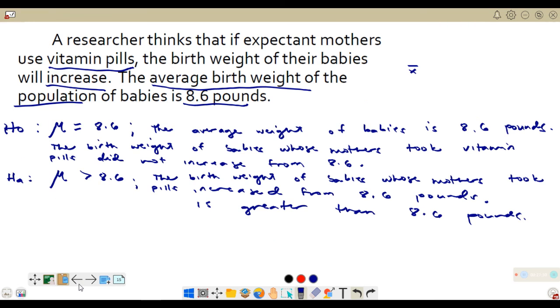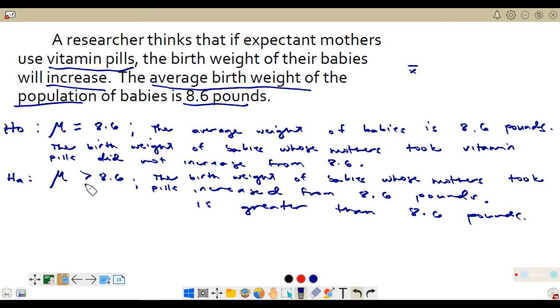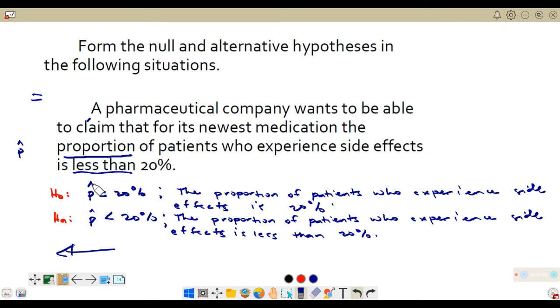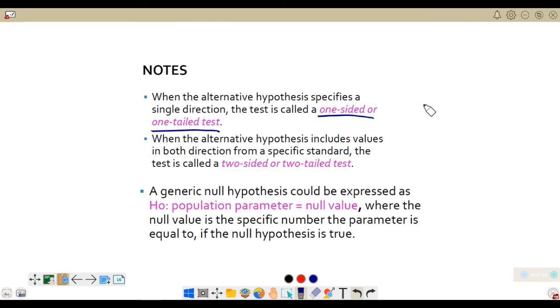Kasi yung isa, ang pupuntahan lang niyang direction ay lahat ng mababa sa 20%. So, lagi siyang to the left. Wherein dito naman sa kabila, increase, to the right naman siya, greater than 8.6. So, if you have inequalities, less than, and greater than, it is one-sided or one-tailed test. Ayan. Greater than or less than.